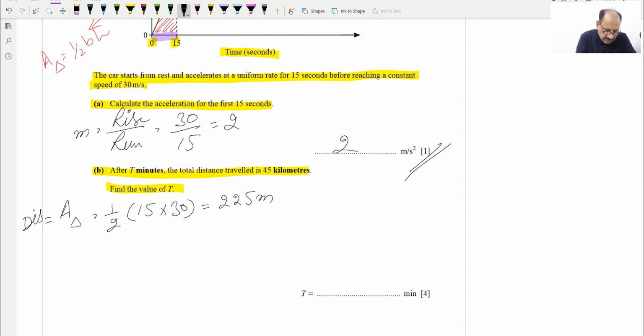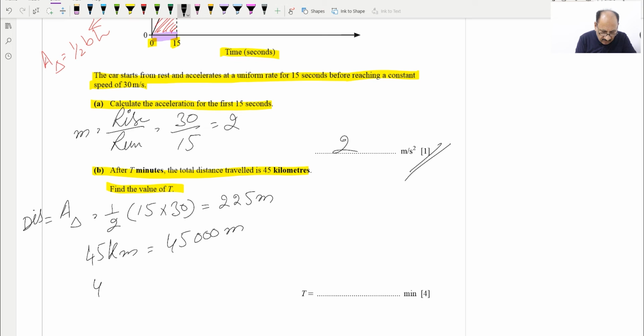So we can write this distance, and the remaining distance will be what? Total distance is 45 kilometers, which is given in the question. So we'll change into meters. That will be 45 into 1000, so 45,000 meters. Out of 45,000 meters, 225 is the triangular area, and the other area we can find.